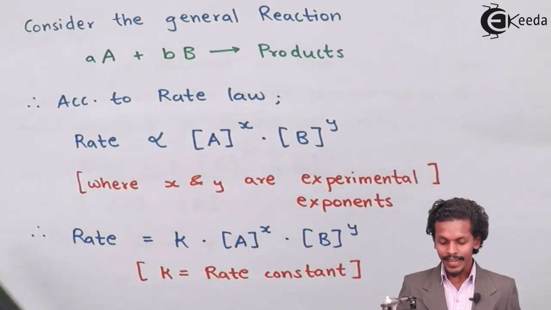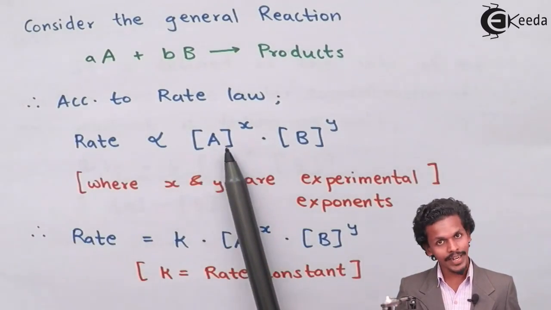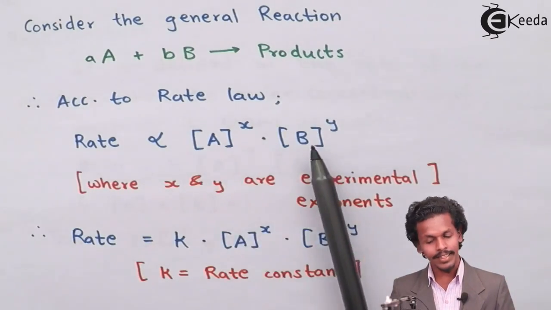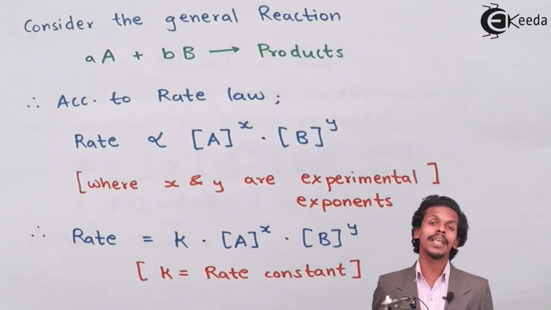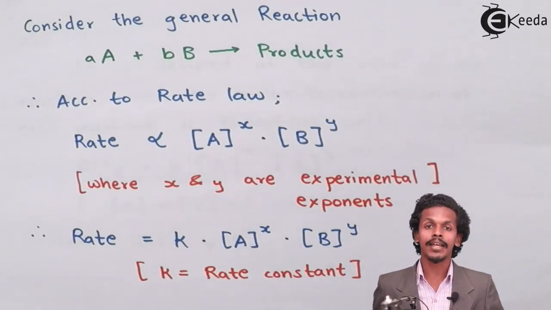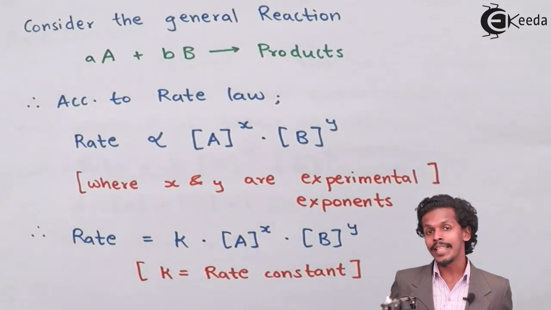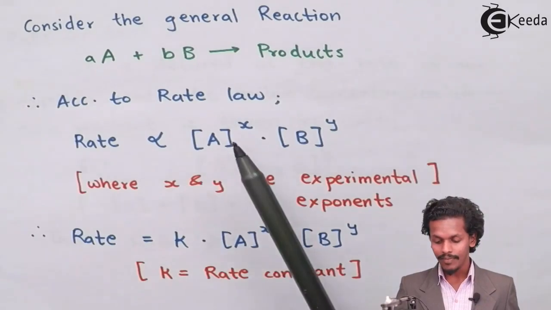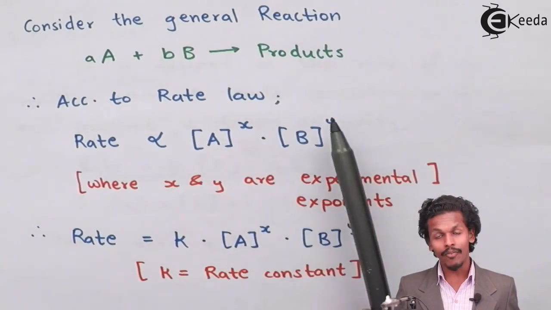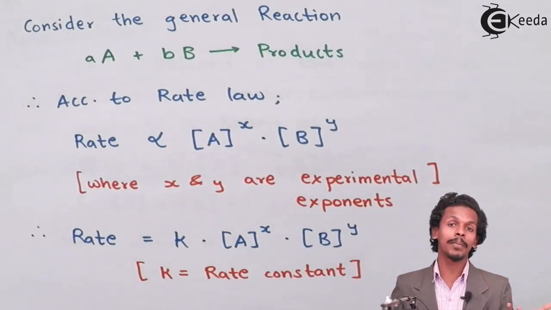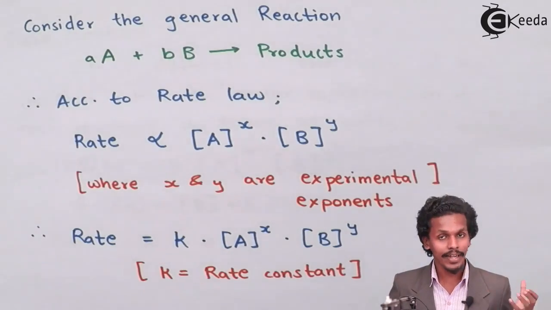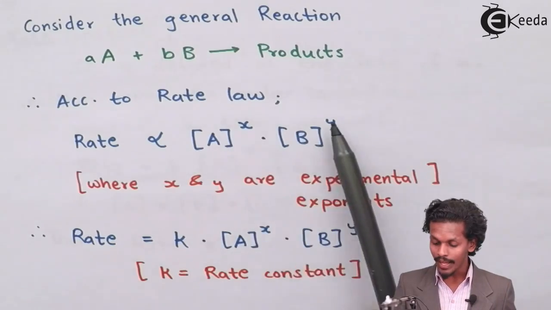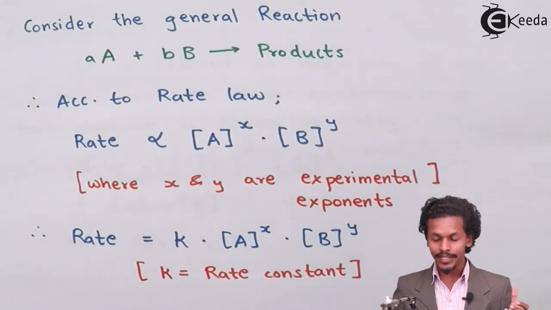So in this case, the rate is directly proportional to the concentration of reactant A and reactant B. But since you also know that the rate law is based on experiments, we have values x and y which are the experimental exponents, and they are raised to the concentration of reactant. So x and y are the experimental exponents.